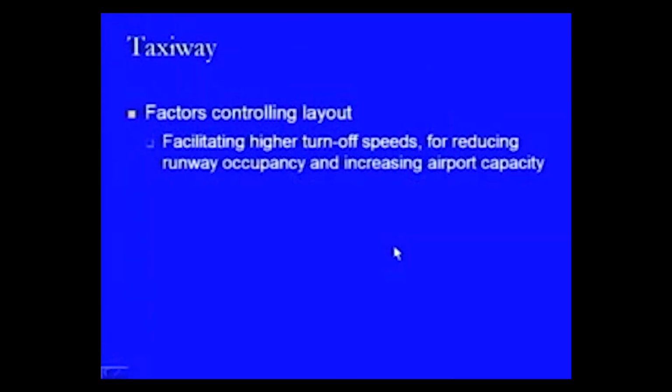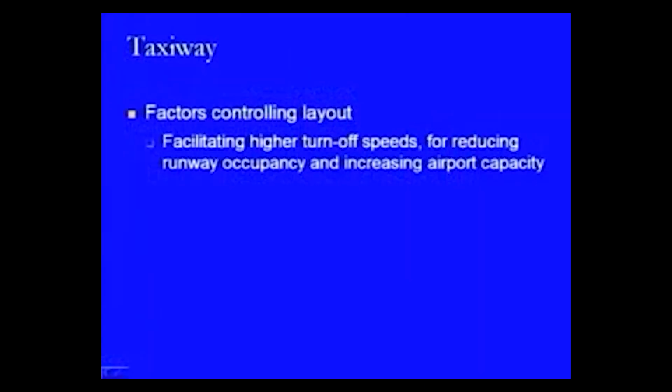Further, there is a requirement of facilitating higher turn-off speeds for reducing runway occupancy and thus increasing the airport capacity. What it signifies is the design feature of the connectivity of a taxiway with the runway.